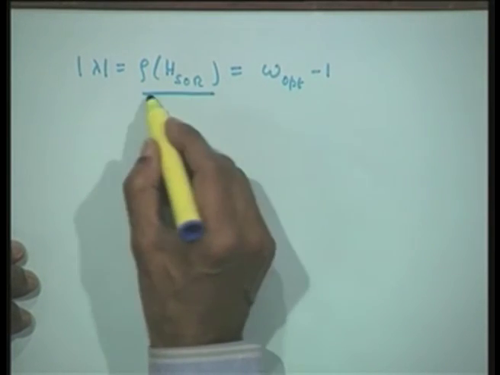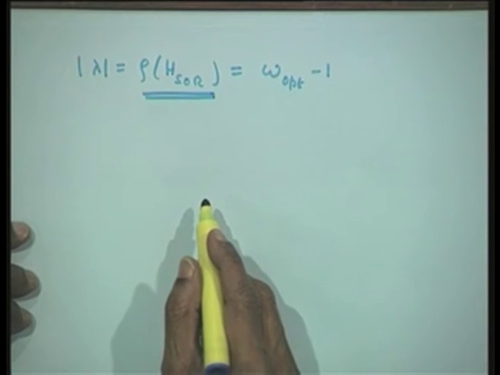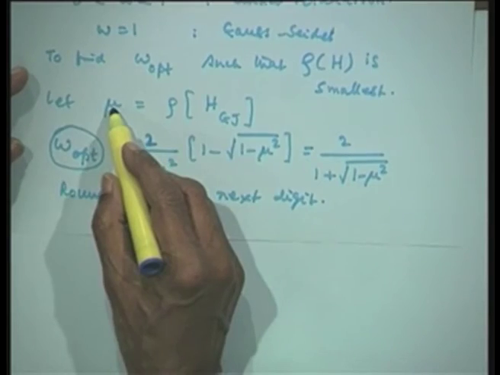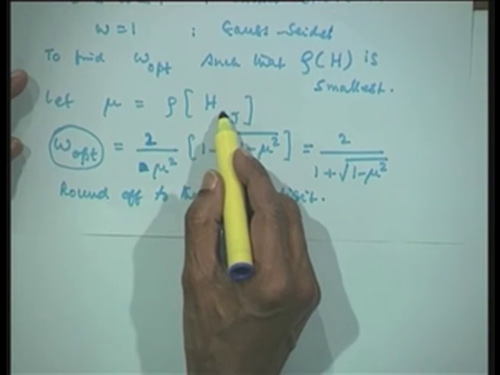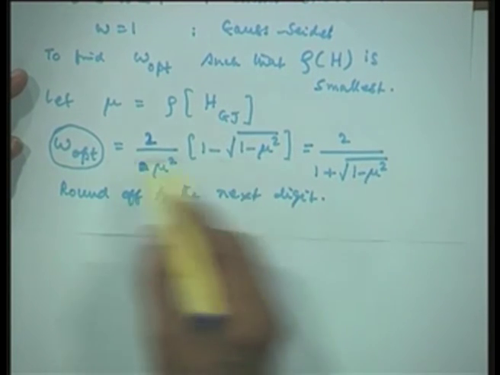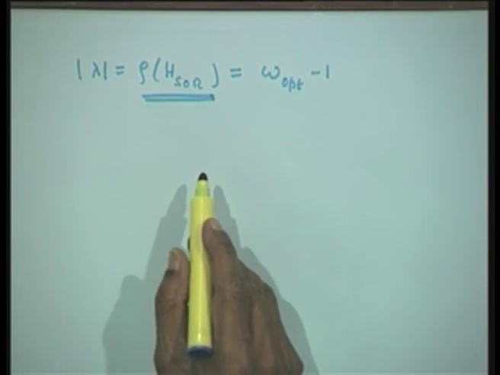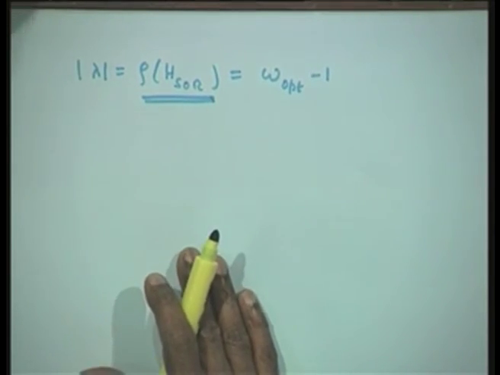This will be my spectral radius of H SOR. Therefore, finding the omega optimum is not too difficult. Wherever it is applicable, I need to find only the spectral radius of the Jacobi scheme, substitute it, find the omega optimum, and that omega optimum will give me the value that I should use in the SOR scheme.